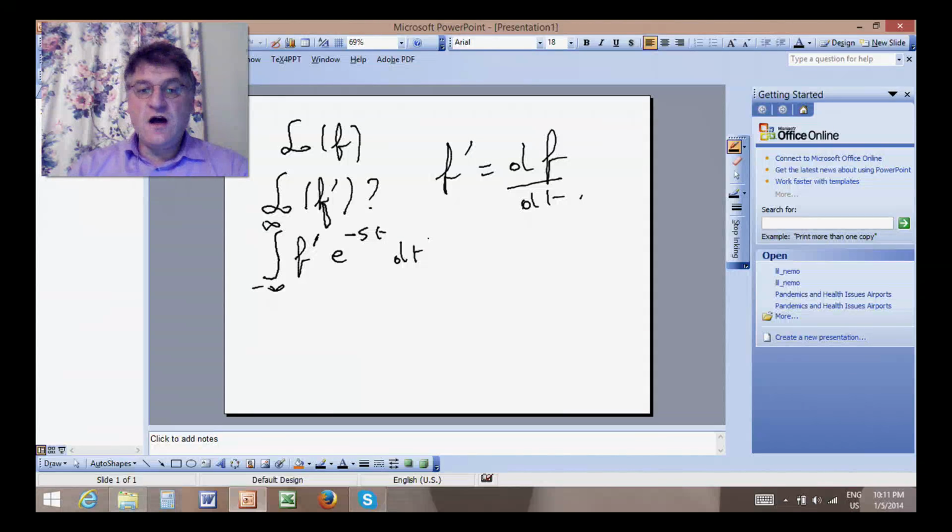Again, I assume my function is 0 for negative values of time, so I will just call this 0. And I can compute this by doing the same integration by parts.